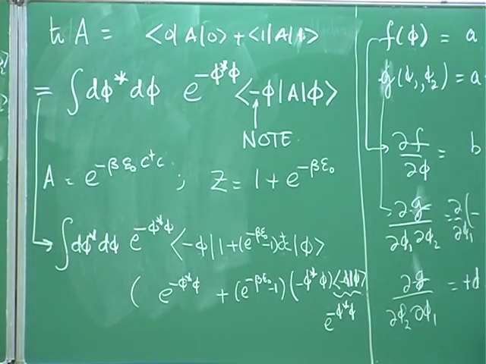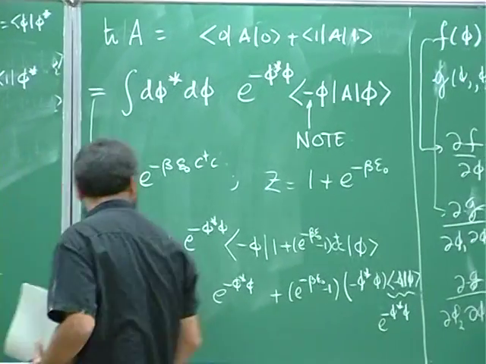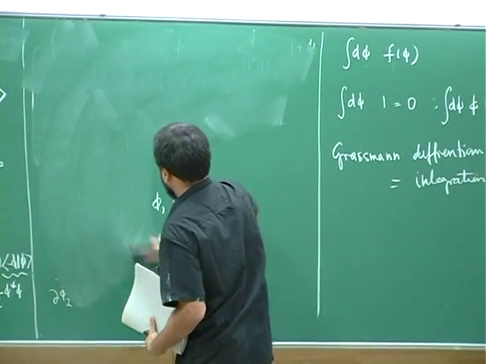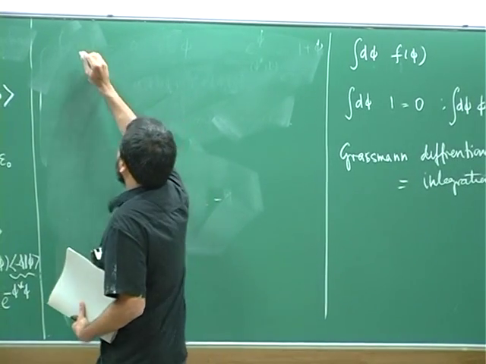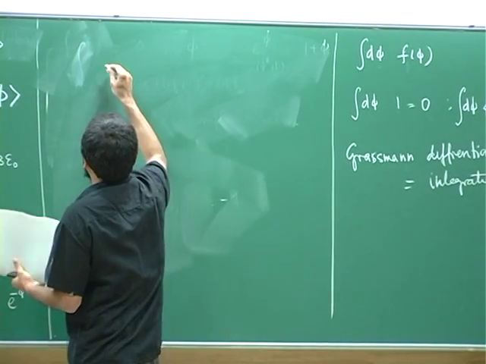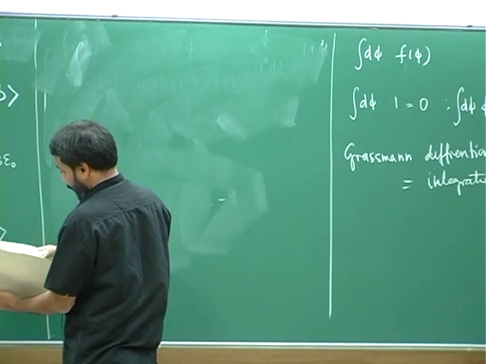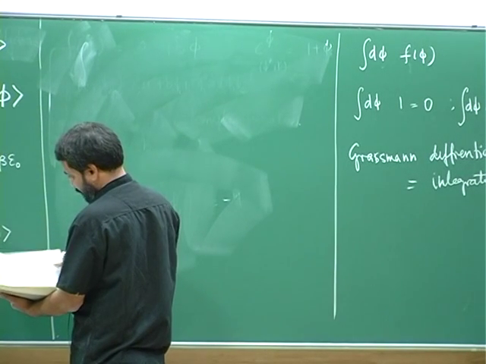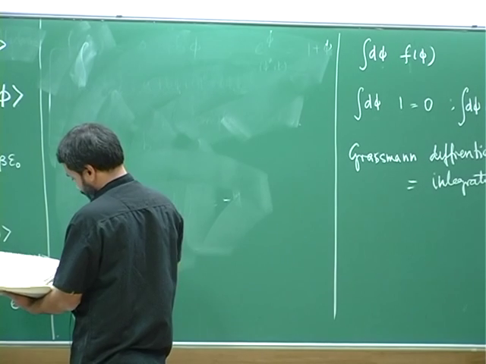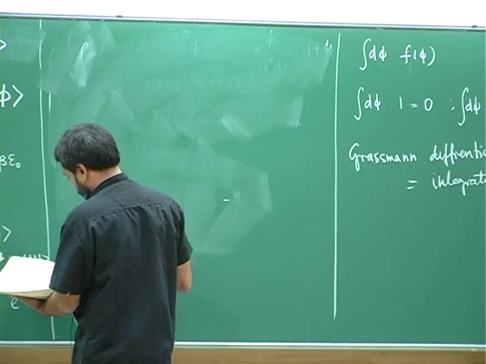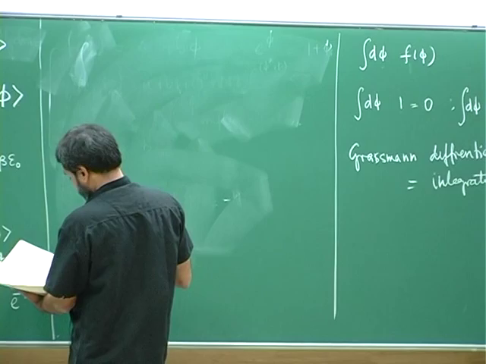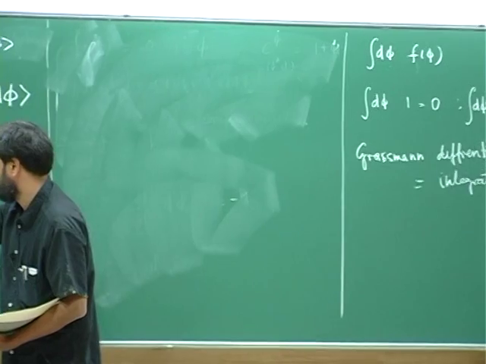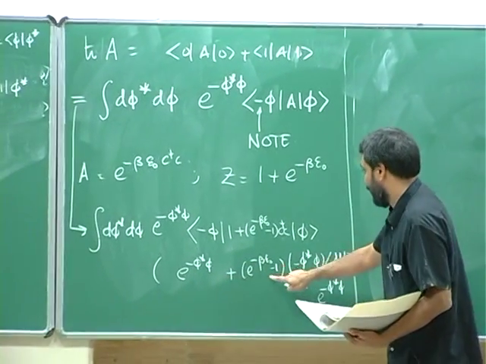Okay? So the final answer after you have done all the algebra is the following. Sorry, I've not yet done the integrals. I need to do the integrals. So the final answer is something like this. I have one of these guys, I have one of these guys, and I have this object.